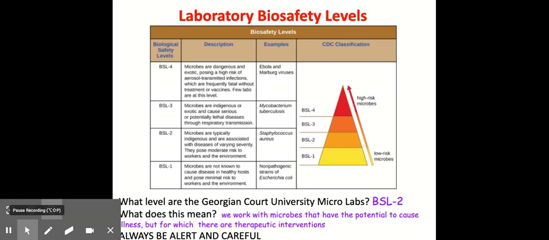An example would be labs that study non-pathogenic strains of E. coli. So what level are the Georgian Court micro labs? Our lab at GCU is a BSL 2 level lab. What that means is we work with microbes that have the potential to cause illness, but for which there are therapeutic interventions. And it also means you should always be alert and careful.